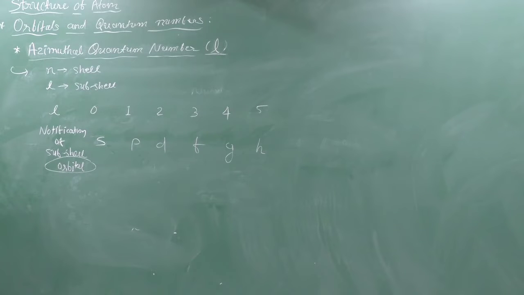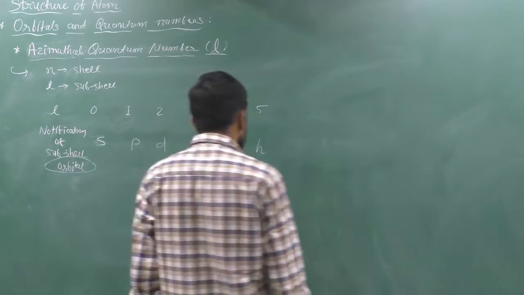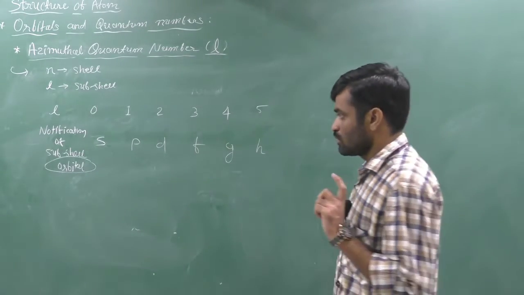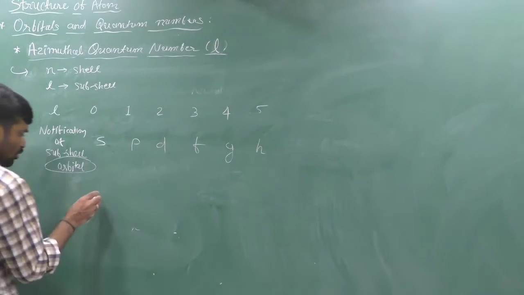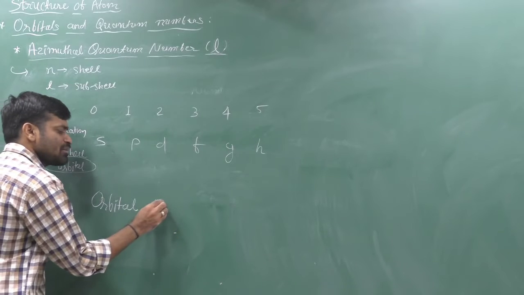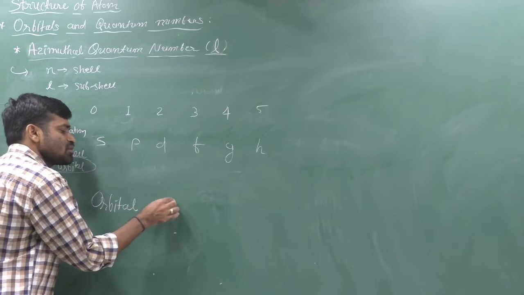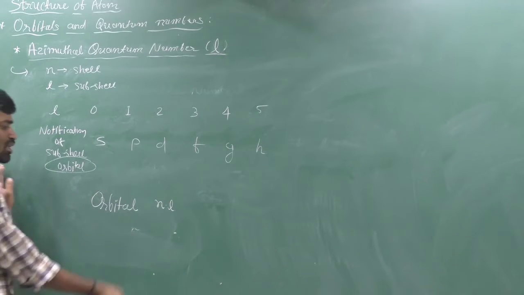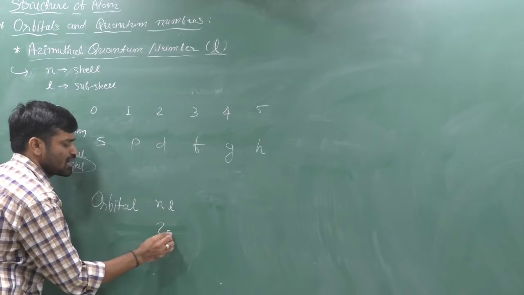The first two quantum numbers, the principal quantum number and the azimuthal quantum number, describe or decide the exact orbital. If you want to write any orbital, it is written with the principal quantum number and right next to it the azimuthal quantum number. Suppose I write 2s here.